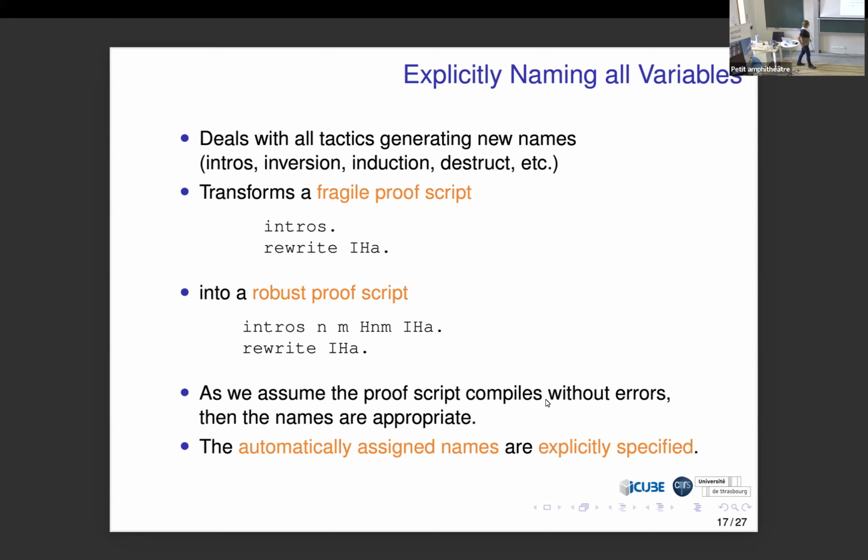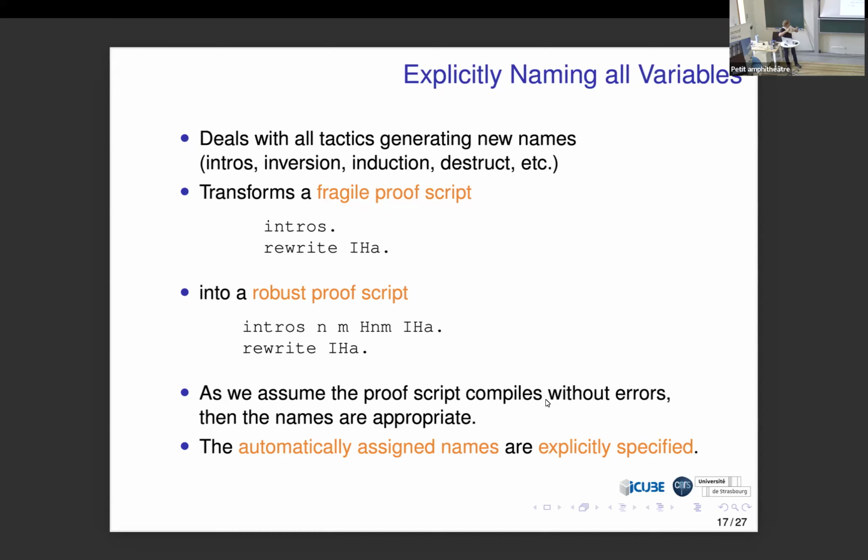The way it's achieved is very simple: you apply your tactic with no arguments and you retrieve from the code context what were the names that the system chose to give to the objects. This has the interest of being safe, because as you know that you're post-processing a script that works, if you explicitly write the names that have been implicitly given by the system, of course it will work.